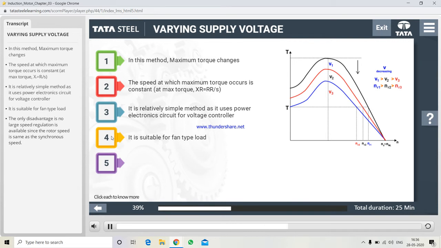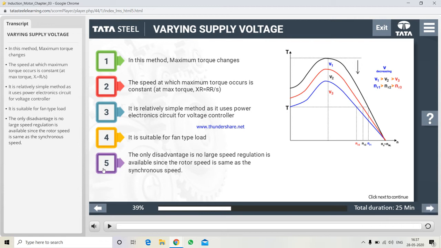It is suitable for fan type load. The only disadvantage is no large speed regulation is available since the rotor speed is near the synchronous speed. Click Next to continue.